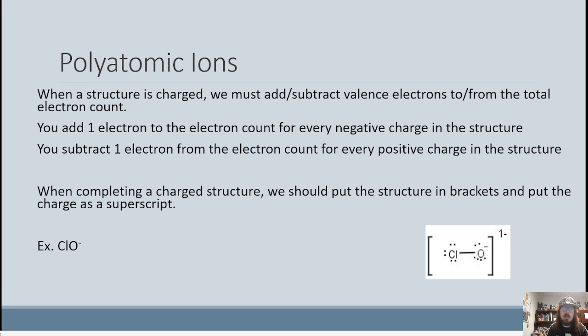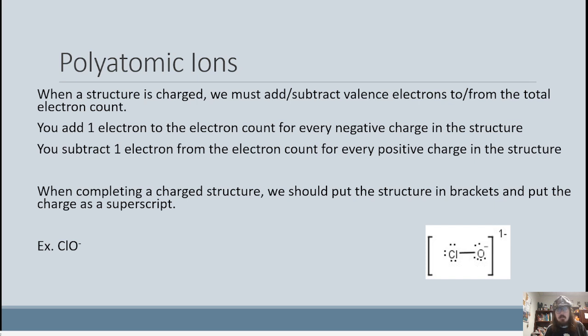If you were to draw that Lewis structure, typically what they would have you do is put that charged structure in brackets and then put the superscripted charge above the brackets. You do not necessarily have to label which atom is negatively charged like I've done in the picture. We typically would just bracket and let people know that it's hypochlorite and not chlorine monoxide.